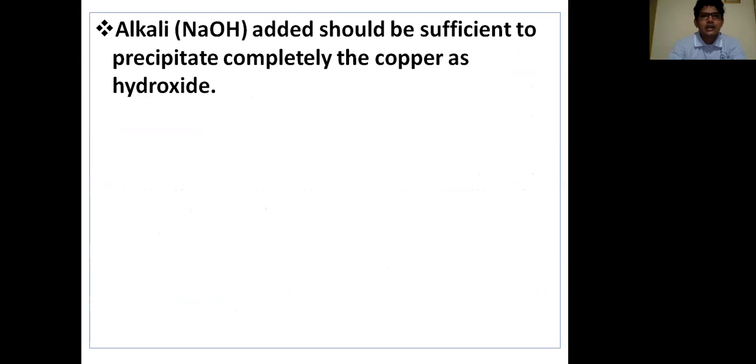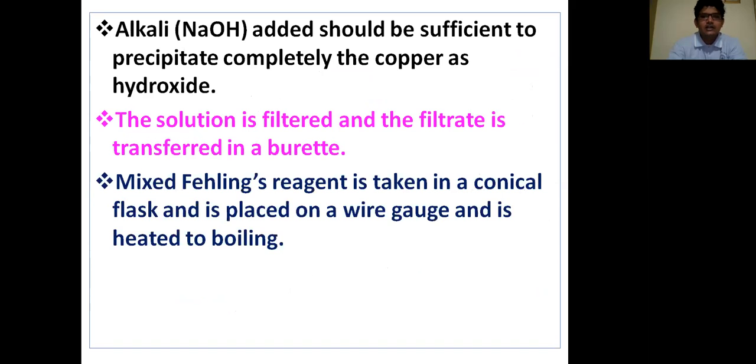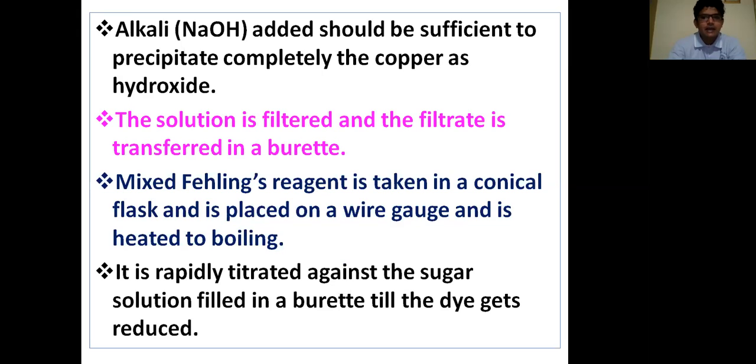The NaOH added should be sufficient to precipitate all the copper completely as copper hydroxide. The solution is filtered and the filtrate is transferred into a burette. Mixed Fehling reagent is taken in a conical flask, placed on a wire gauze and heated to boiling. It is rapidly titrated against the sugar solution filled in the burette till the dye gets reduced.